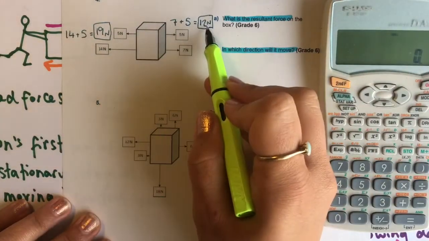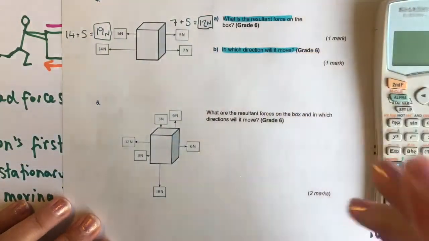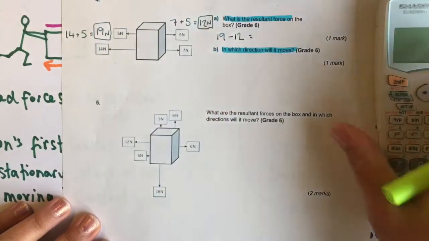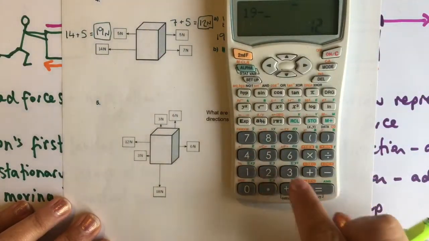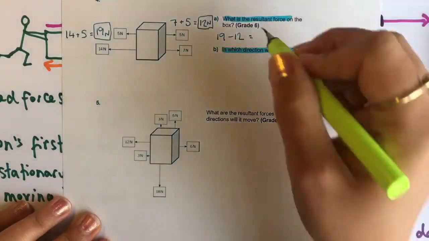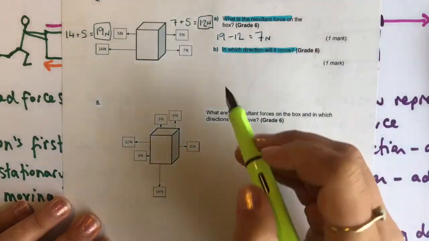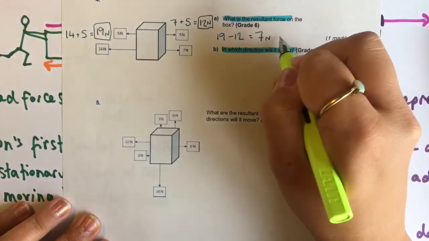And then we need to find the difference, because these are in opposite directions, we need to find the difference between these two. So we would do 19 minus 12, which is 7. And it's going to be to the left because this has the biggest overall force.